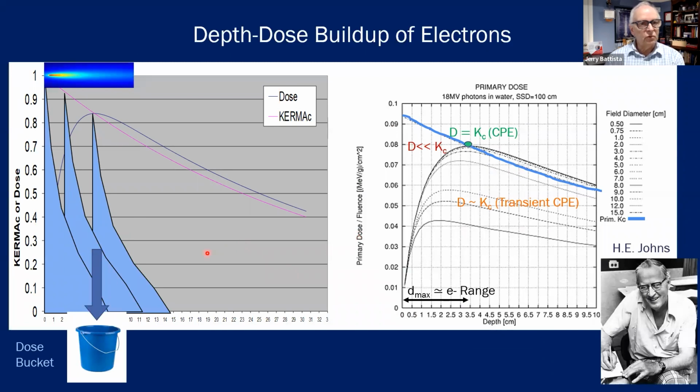So, just to remind you of the dose buildup curves, if we look at the spread of electron energy, it looks something like this. This is called the kernel. And if we have a beam coming from the left, the photon kerma, the collision kerma, would be this purple line here.